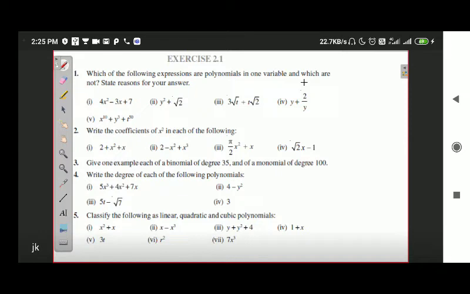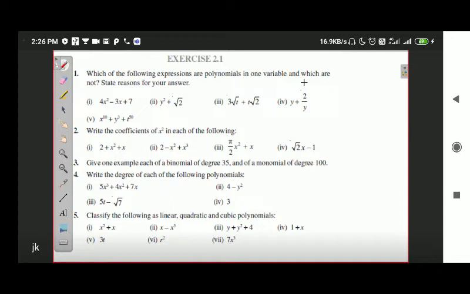First of all, we will determine whether a given statement is a valid polynomial or not. As I have already explained to you in my regular classes, a given statement is a polynomial if and only if its power is a natural number.